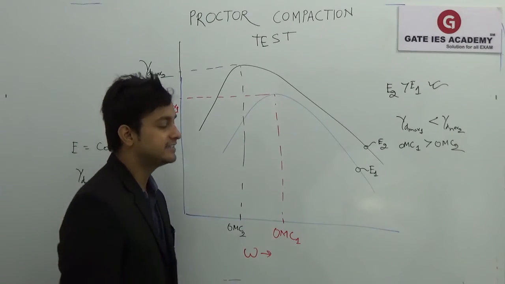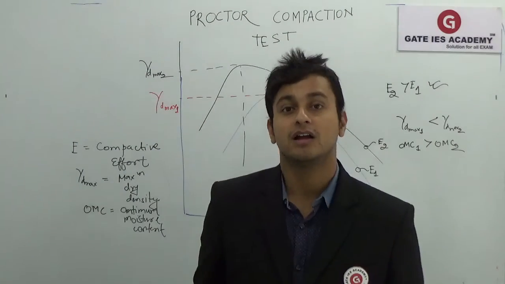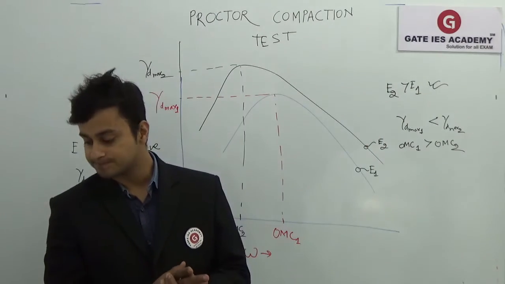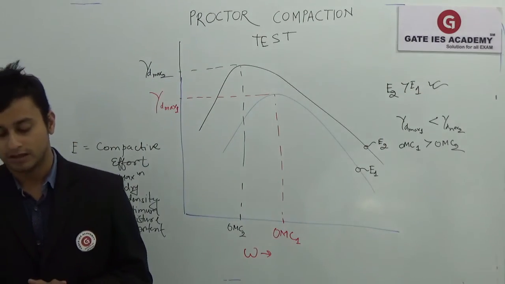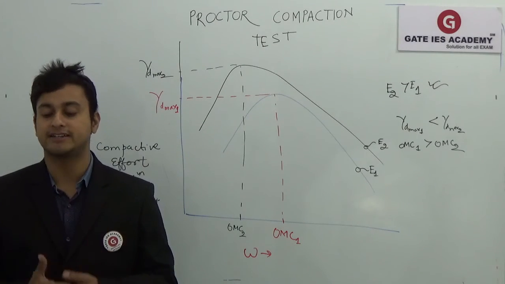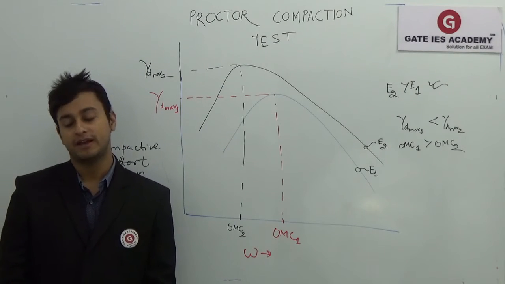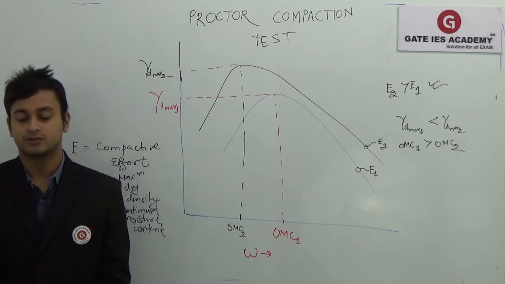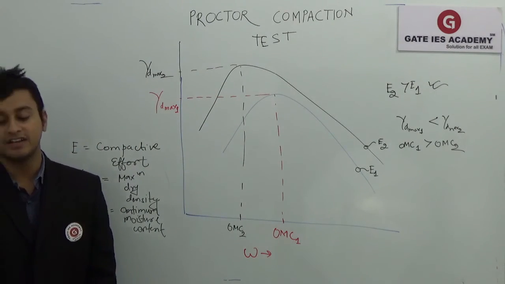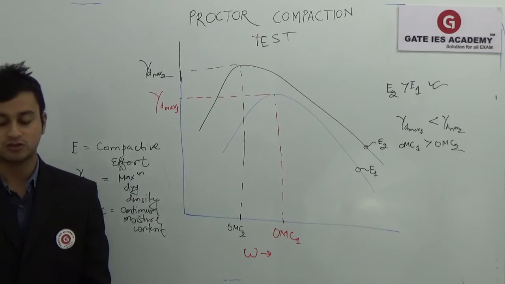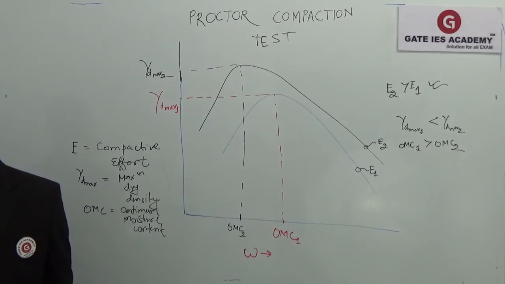What is it saying? It's saying that there is a proper connection between moisture content and gamma D. Again, I'll repeat it. As per Proctor, a definite relationship exists between the soil moisture content and the degree of dry density to which the soil can be compacted.